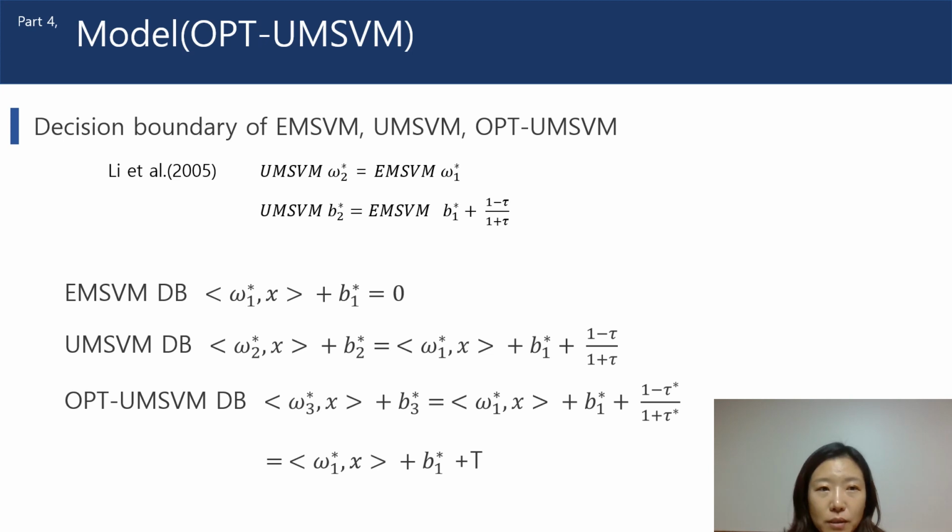In OPT-UMSVM, the movement of the decision boundary is set as threshold T, and at this point, tau becomes the optimal margin parameter tau star. At this point, the sensitivity and specificity almost match. Based on this, the equations for the decision boundary of each model are like this.